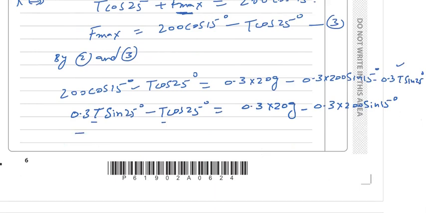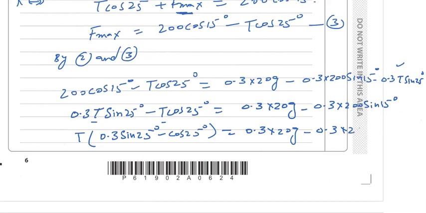If I will take common T, it will become 0.3 sine of 25 minus cos of 25, that will be equal to 0.3 into 20G minus 0.3 into 200 sine of 15.